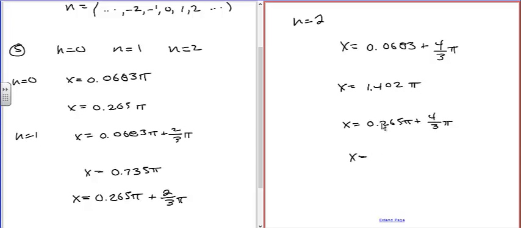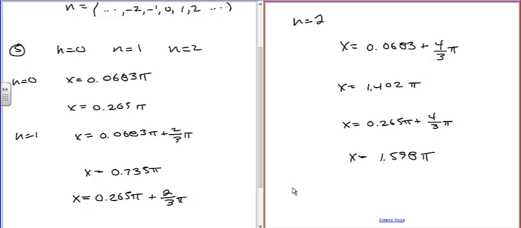So we add 0.265 plus 1.333, and we get 1.598 pi. So those are my solutions, 6 solutions between 0 and 2 pi.